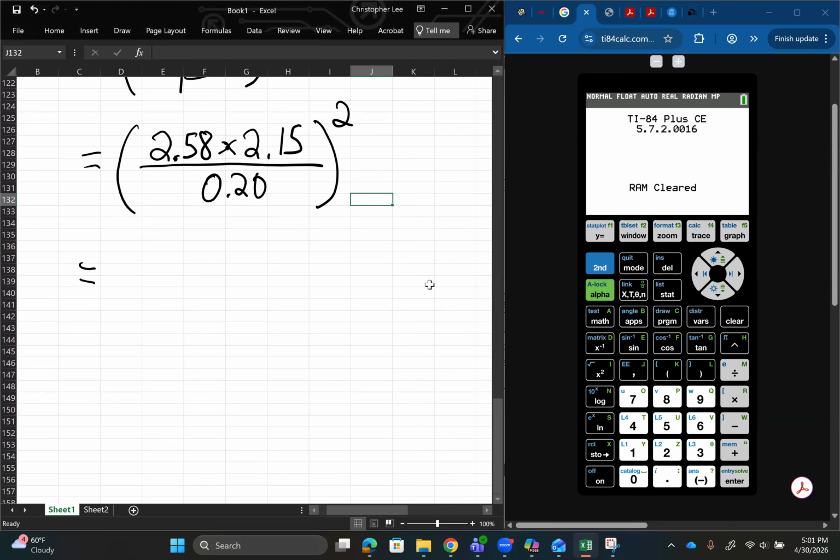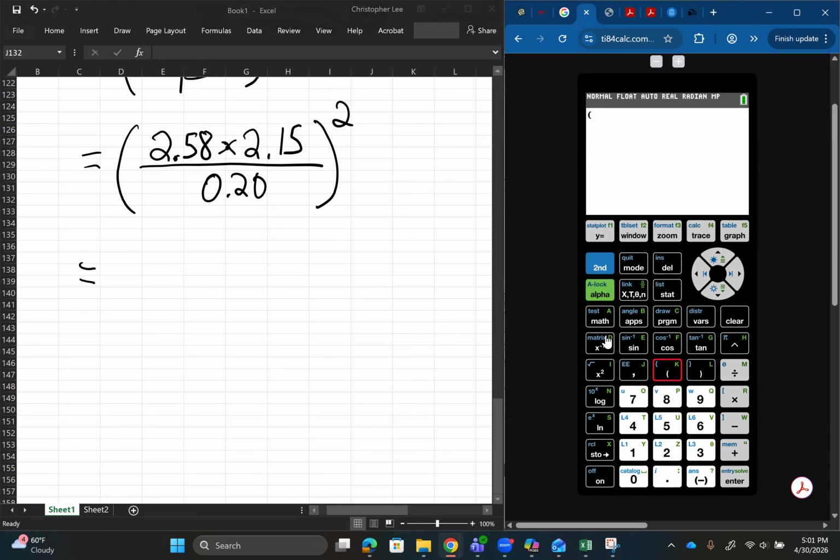All you got to do is just plug it in the same way it looks. So watch, if you're on the 36X Pro, just press that fraction button right above number 7. First, you got to open parentheses though. Then press the fraction button, which is alpha F1.